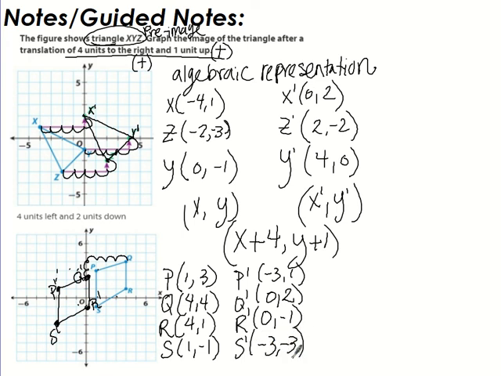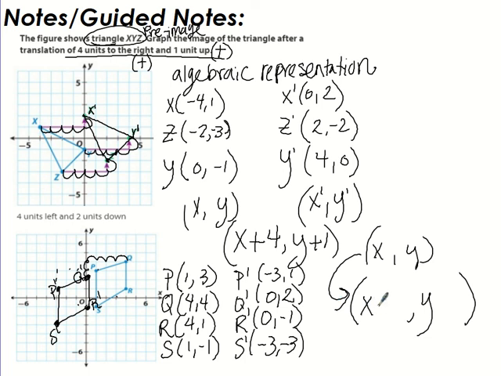Okay. So what I want you to do is maybe pause and see if you can write the algebraic expression to change x, y. What did we do to x, y to then get my image? Okay, so if we look at it, we should have gotten that x was subtracted by 4. Right, we subtracted 4 from all of these.